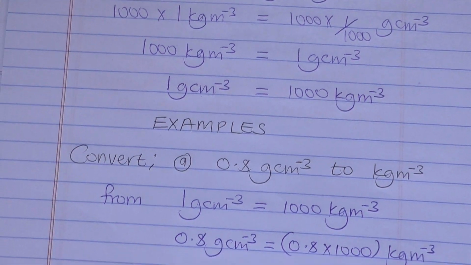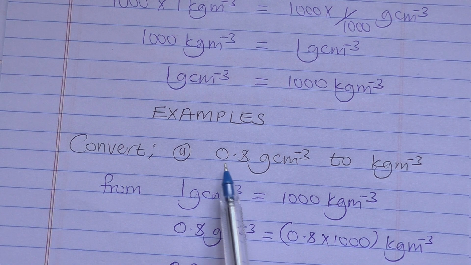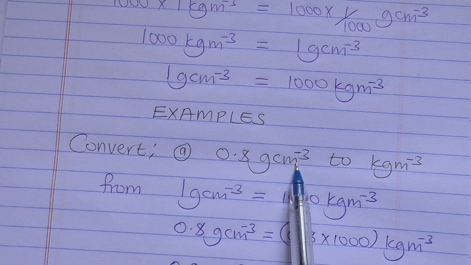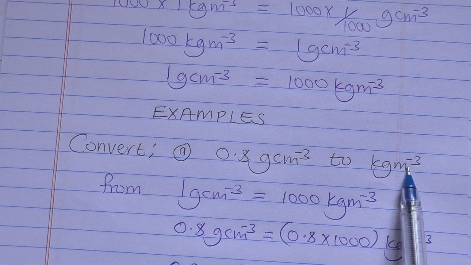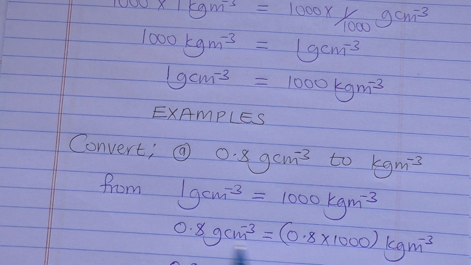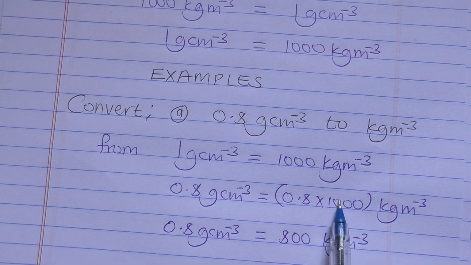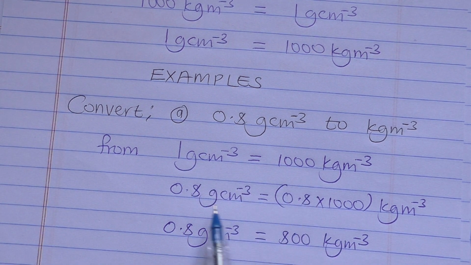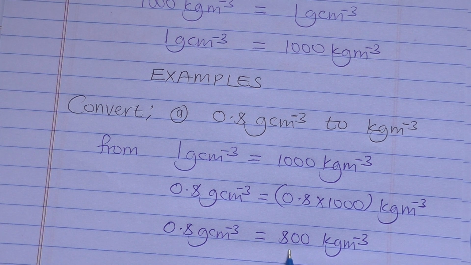For instance, part A, we are converting 0.8 grams per centimeter cubed to kilogram per meter cubed. So we shall multiply by 1,000. Since 1 is equivalent to 1,000, so we multiply to get 800 kilograms per meter cubed.